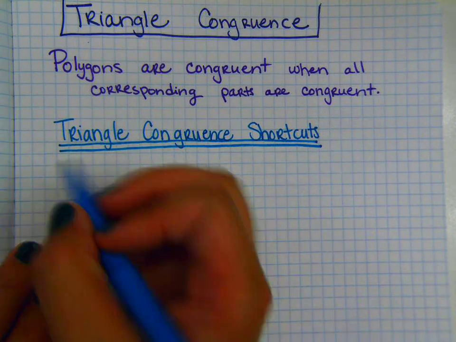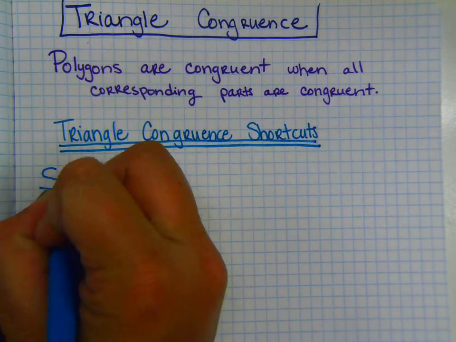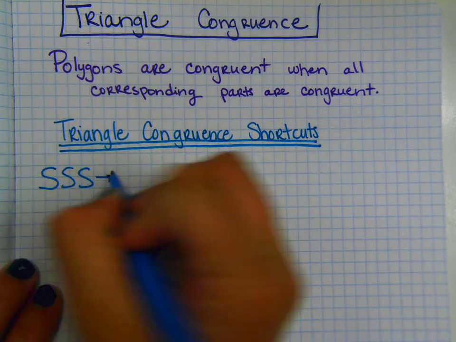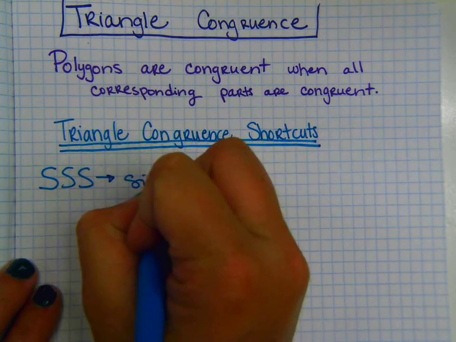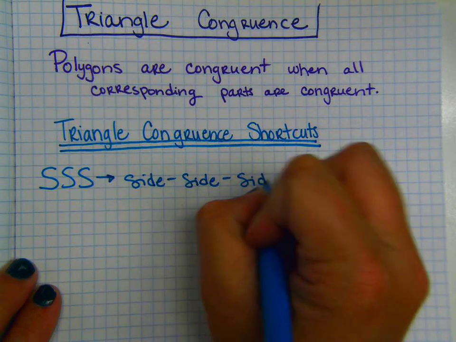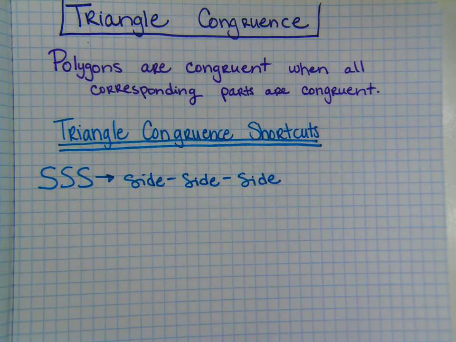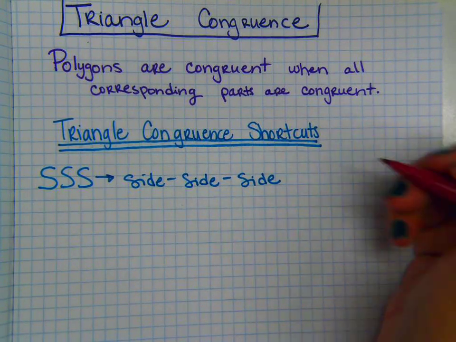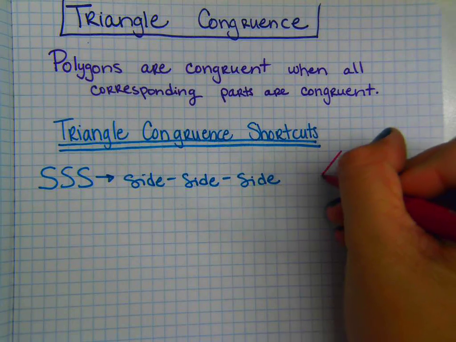The first one is SSS, which stands for side, side, side. That means that all the corresponding sides in the triangles are congruent. So over here, I'm going to draw a little example of what it would look like.